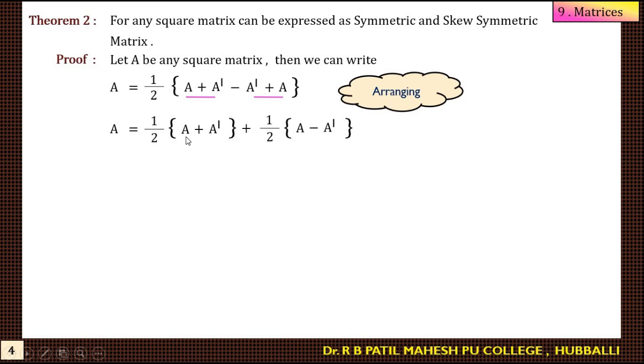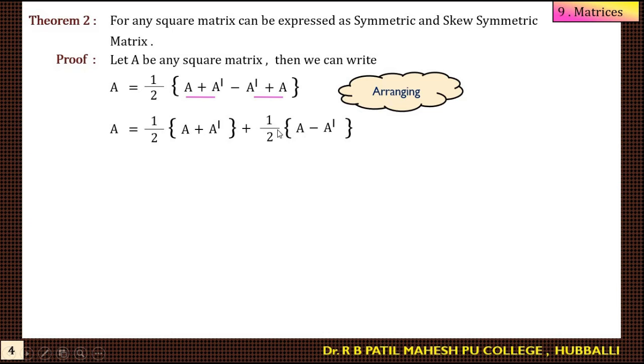Now see here, just now you studied in the previous theorem that if A is any square matrix, A plus A dash always gives a symmetric matrix, and for that we have a scalar multiplication half. That means this becomes a symmetric matrix. And A minus A dash, you proved that it is always a skew symmetric matrix, and it is multiplied by half, which is a scalar. For any skew symmetric or symmetric matrix, if you multiply by any scalar, it remains the same type.